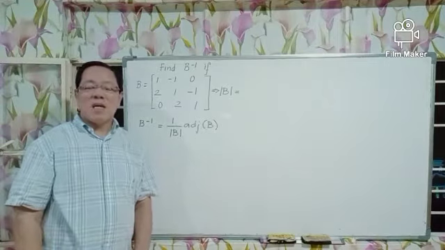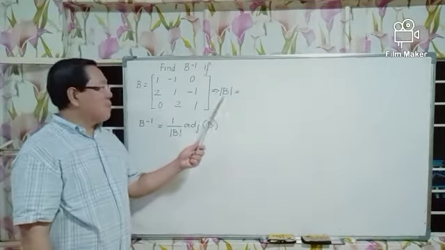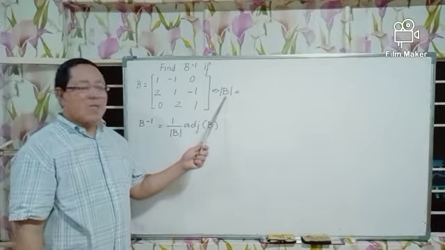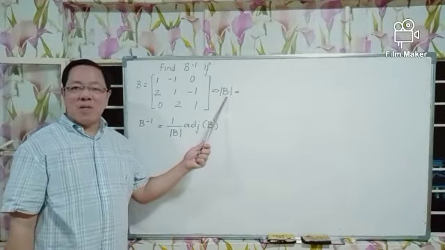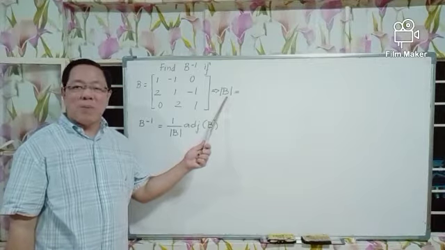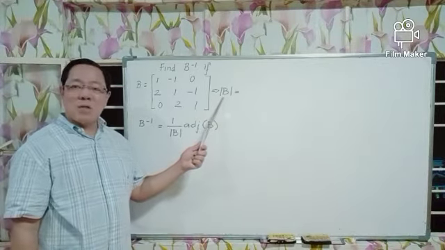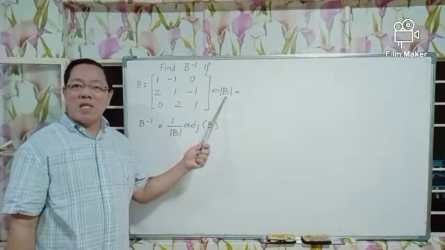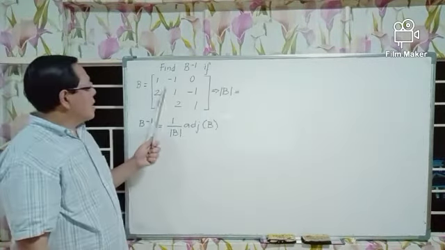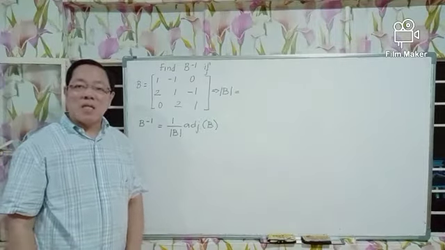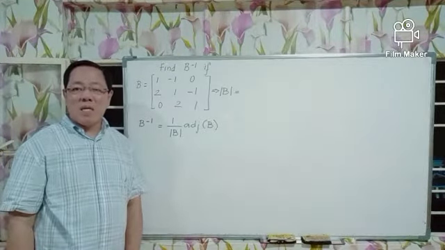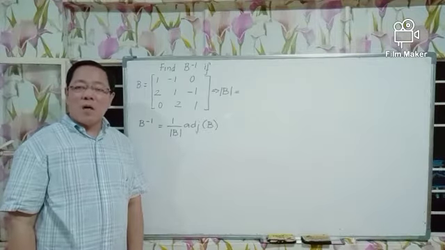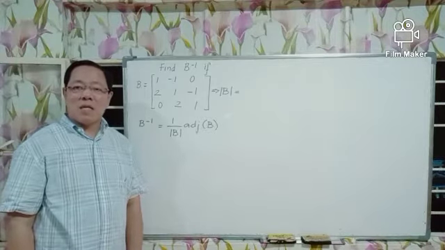The determinant of matrix B is denoted by this absolute value notation, but it's not actually the absolute value of B because we do not have an absolute value of a matrix. This notation is used to denote the determinant of matrix B. And if you have a 3 by 3 matrix, you can evaluate the determinant of order 3 by 3 in 6 ways.